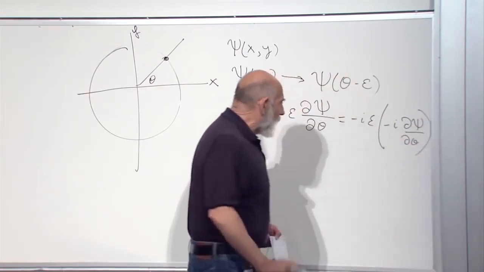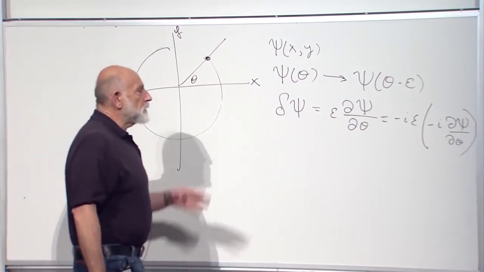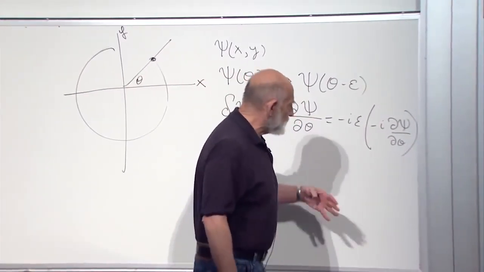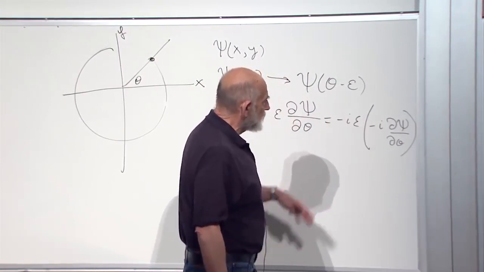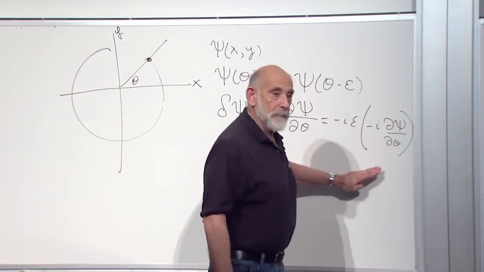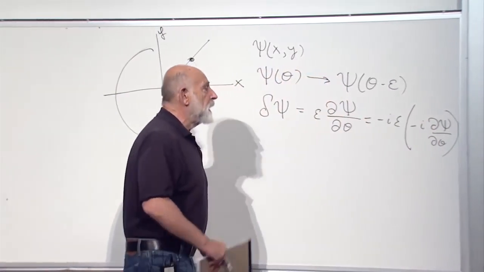Now, I've put those i's in there because I want you to remember ordinary momentum. Ordinary momentum is described by an operator which is minus i d by dx.